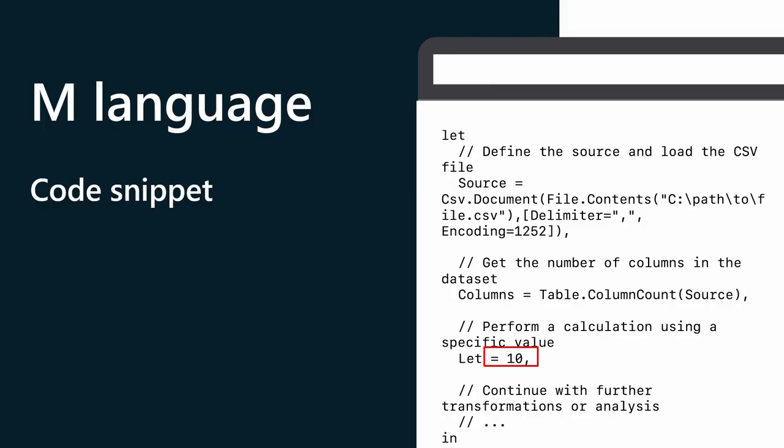You can find more information on M syntax in the additional resources of this lesson. It can also serve as template code for further data transformations using the Power Query M language in Power BI, which you can customize based on your needs.